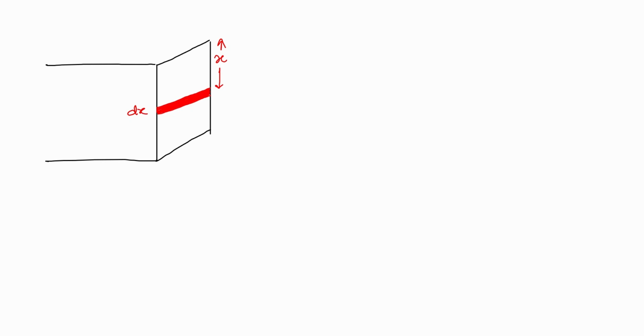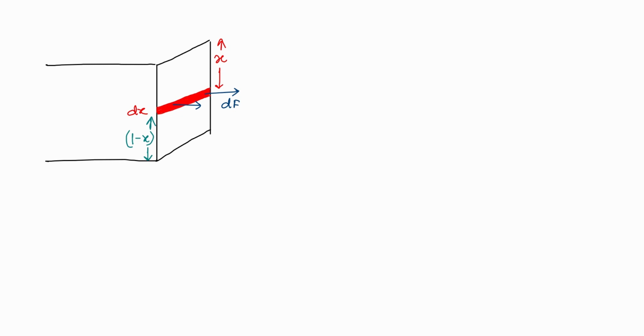If I calculate the height from the base, and the total height is 1 meter, then it is going to be 1 minus x, and the force acting on this particular patch is written as dF.